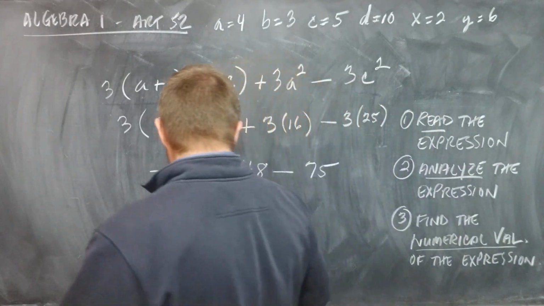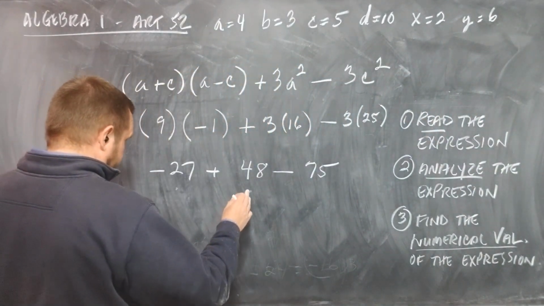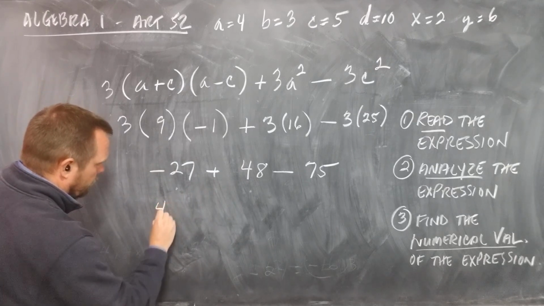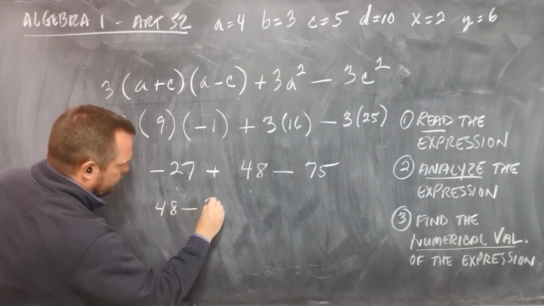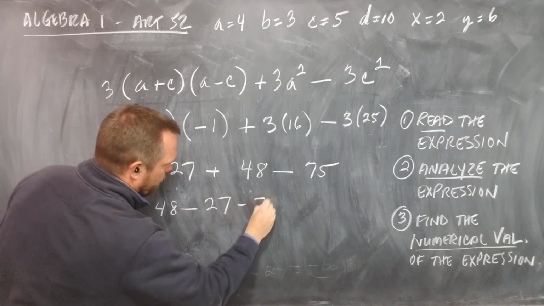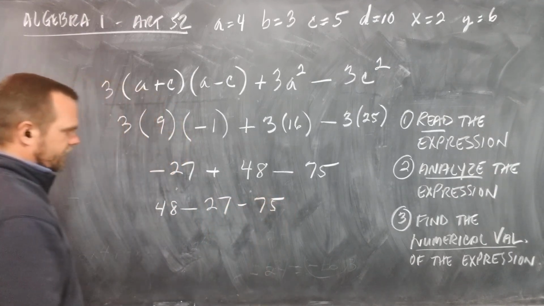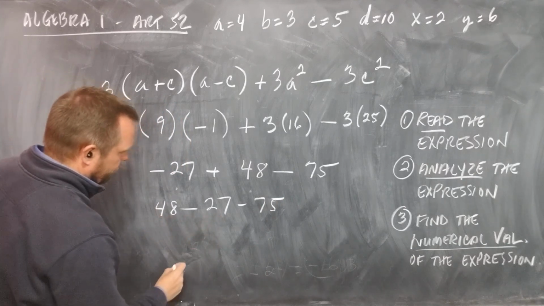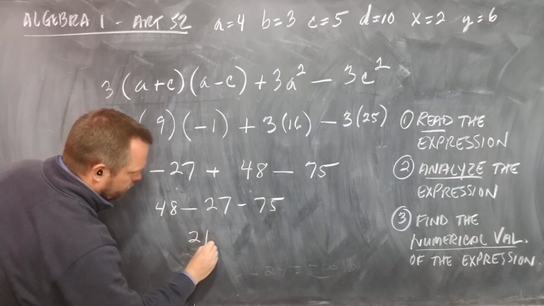Okay? Let's start with 48 and move 27 to the middle. And we'll leave 75, negative 75 at the end. 48 minus 27 gives us 21.